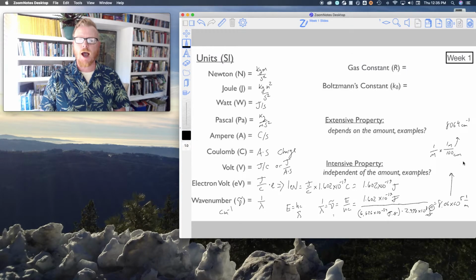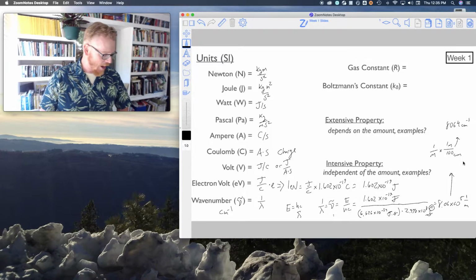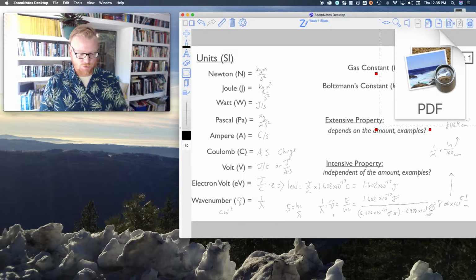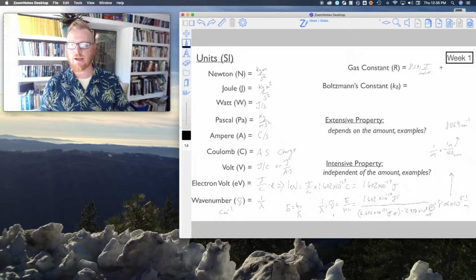So let's talk about the gas constant that you all know and love. We have two flavors of the gas constant. We know 8.314 joule per mole K. Oops, that's going to happen, I've got to get used to that.